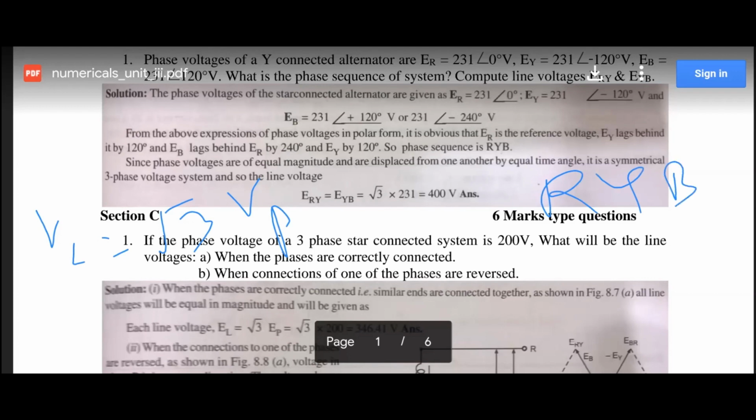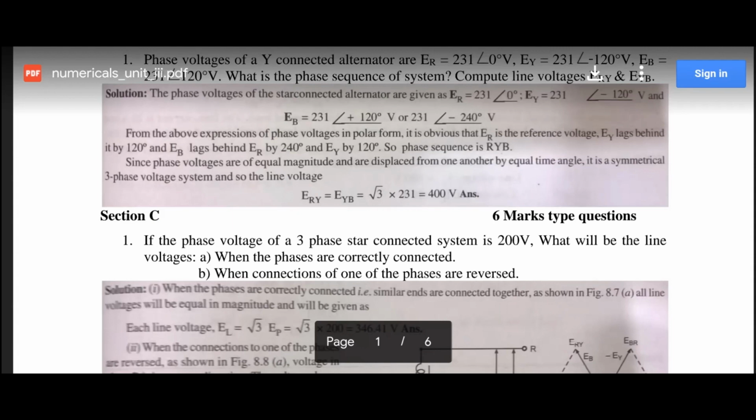So the first line voltage will be R and Y, then it will be Y and B. If the next phase sequence is this, then again it will be RYB, so next it will become B and R. Okay, so since the phase voltage is the same and the supply system is balanced, the line voltage will be the same in magnitude. Okay. So 231 into root 3, 400 volts.